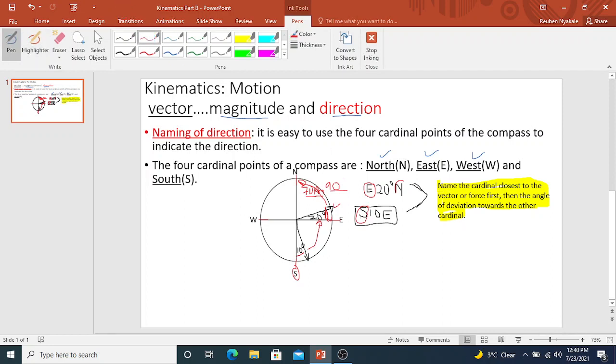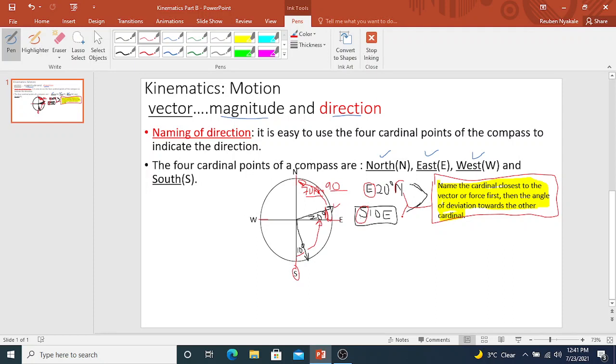The naming of direction when coming to your kinematics, it is based on this principle. Please make note of it. As I made the example here, it is based on the naming of direction.